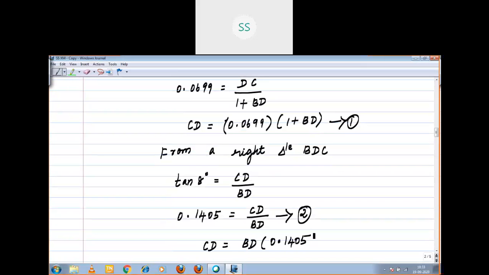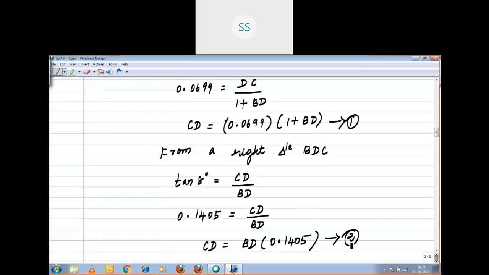Tan 8 degrees value is 0.1405, equal to CD divided by BD. This is your equation number 1. This is your equation number 2.